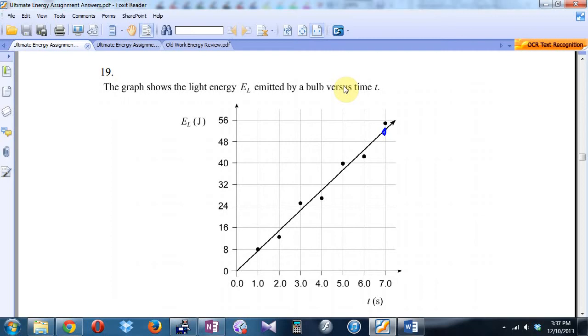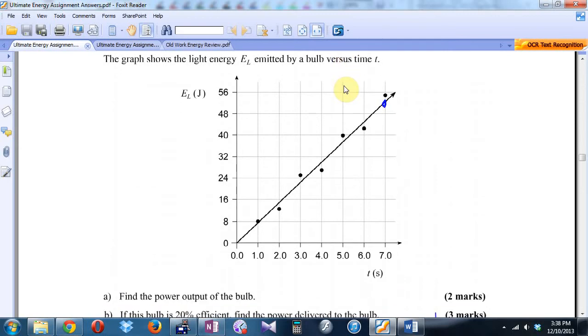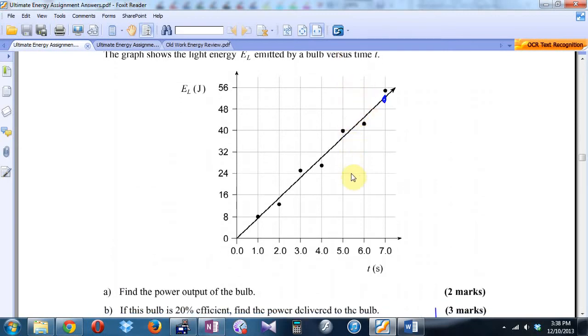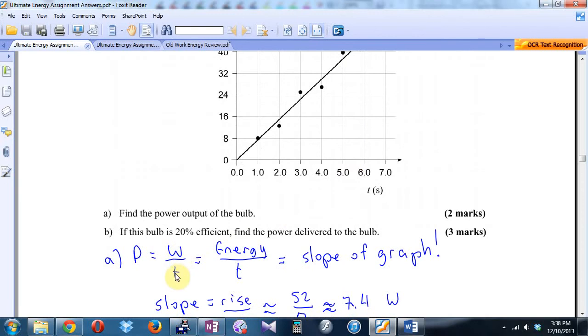There is an equation that has work and time: power. Okay, so right away I started thinking, because we're analyzing a graph, power. Power is work divided by time. The slope of this is going to be the power, I think. Let's find out. I kept reading. Oh, find the power output of the bulb. And I said, well, power is work over time, which really is energy over time, because it's in joules over time.